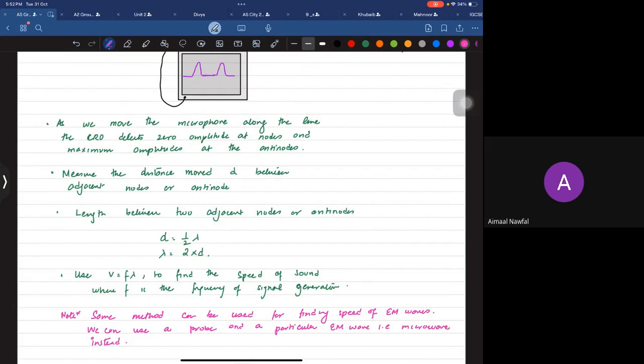So microwaves can be detected by their own probe. Understood? Should I go forward now then?